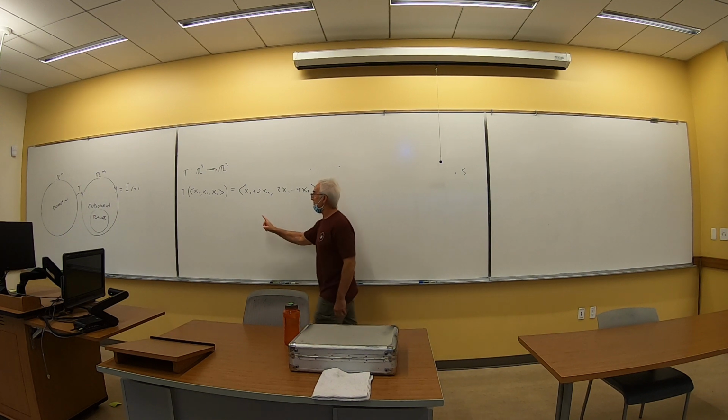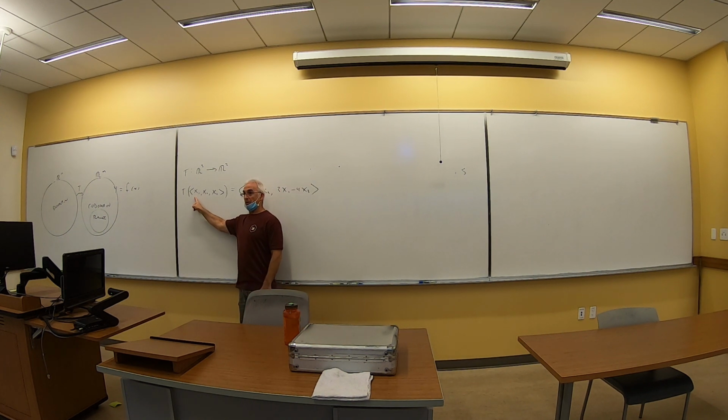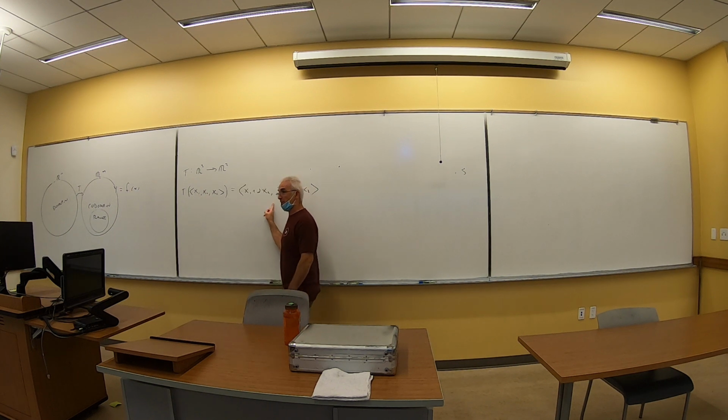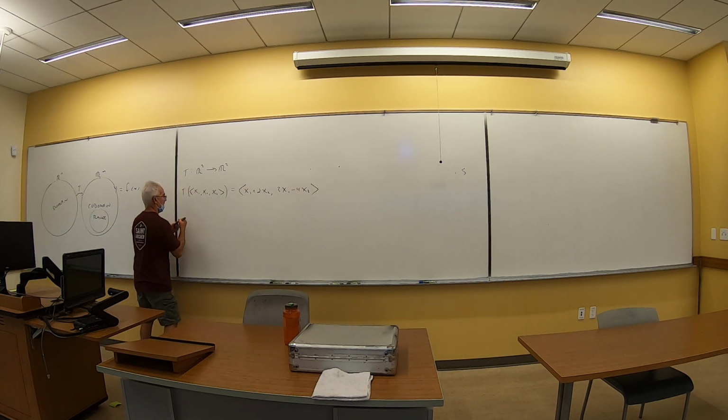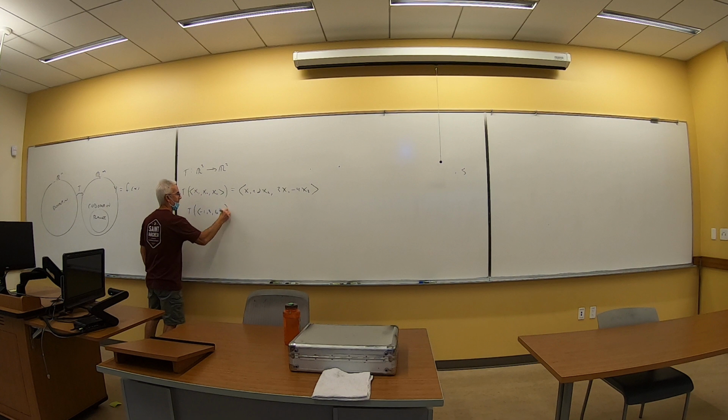So you notice I'm going to give you a vector in R3. Regardless of what x1, x2, x3 are, I'm telling you where they're going to end up. But notice that this vector is two-dimensional now. So I want you to find T of -1, 3, 6. What will this equal?